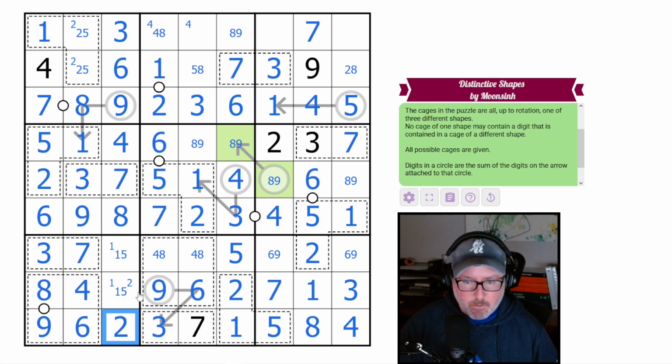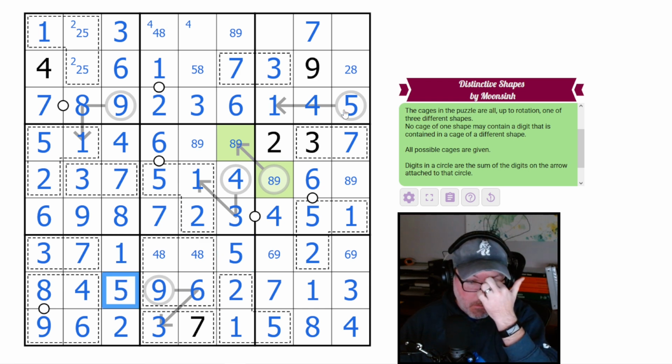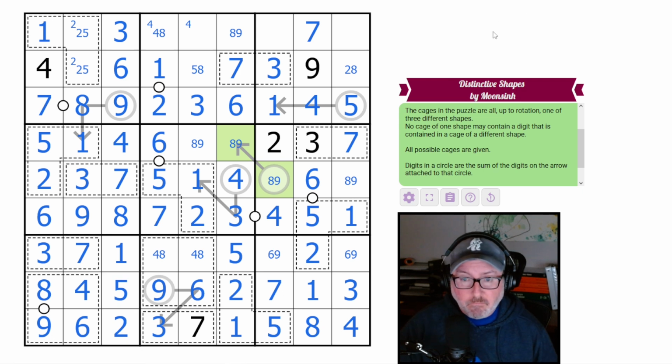I don't worry about those markings too much at the moment. We'll get there. The 5 gives us the 1 and the 5. Eyes are starting to hurt me. That's always fun. This is either 6, 8, or 9. Oh, not 9, sorry.